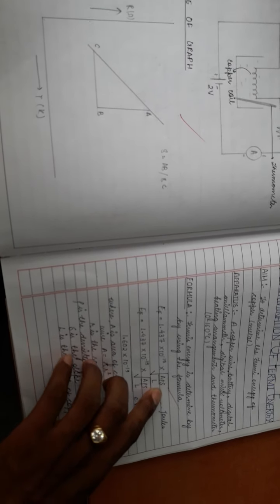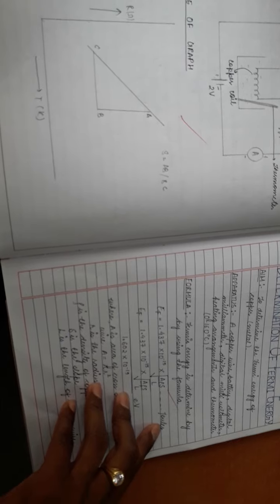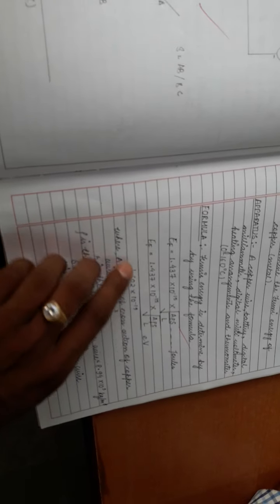By using that R we calculate A, substitute rho, slope and length, and we get the Fermi energy in terms of joules. Divided by 1.602 into 10 raised to minus 19, we get it in terms of electron volts. This is the way we conduct the Fermi energy experiment.